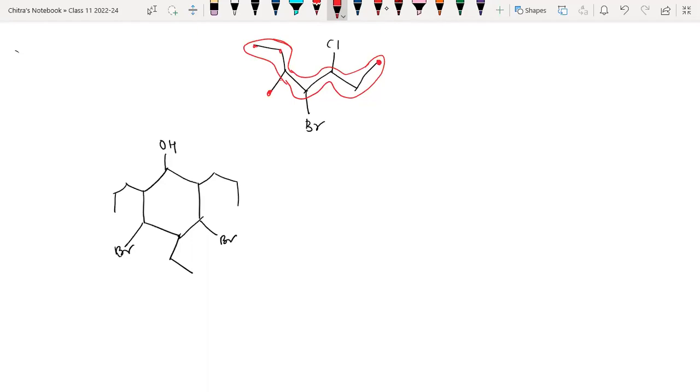Now we have to number the carbon atoms. From both sides, 1, 2, 3, 4, 1, 2, 3, 4, it is the same, right? If both sides are equal, then don't go for that. Just forget about the bromine. Now we have methyl and chlorine next. Chlorine starts with C and methyl starts with M, so which one will be first?